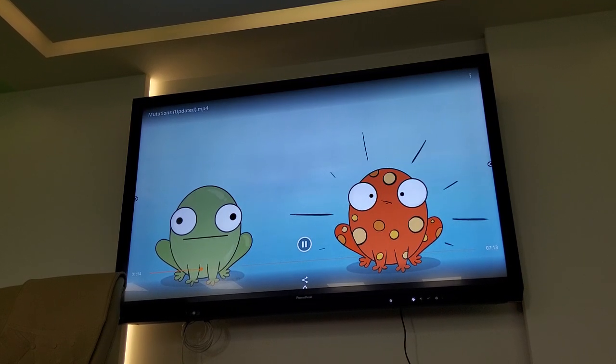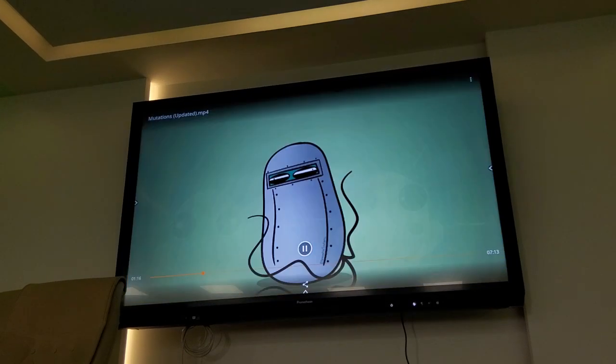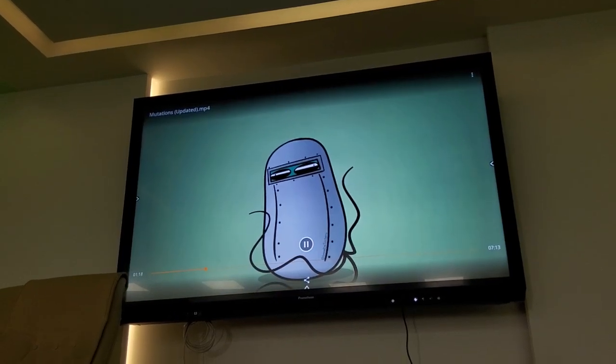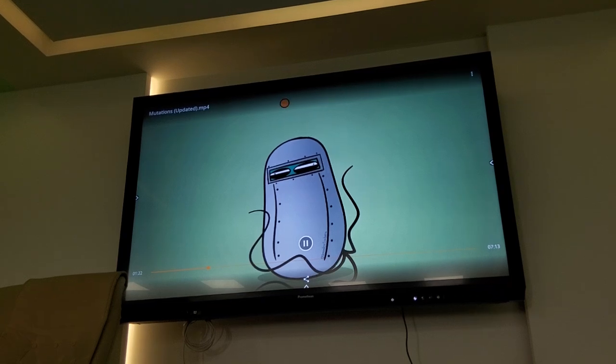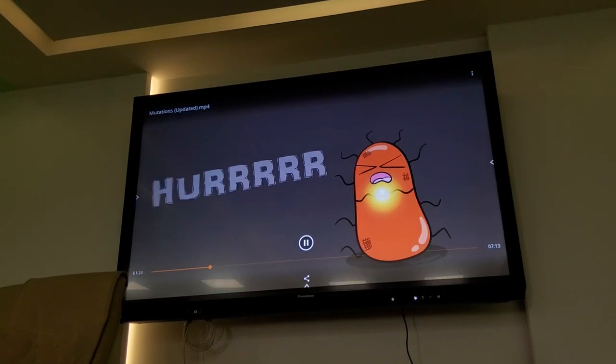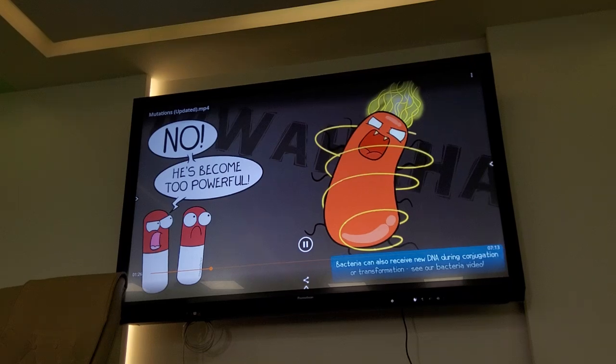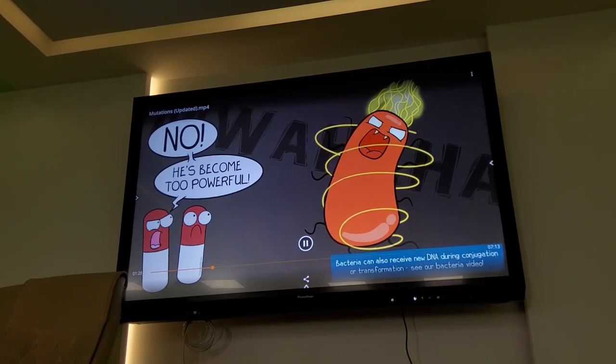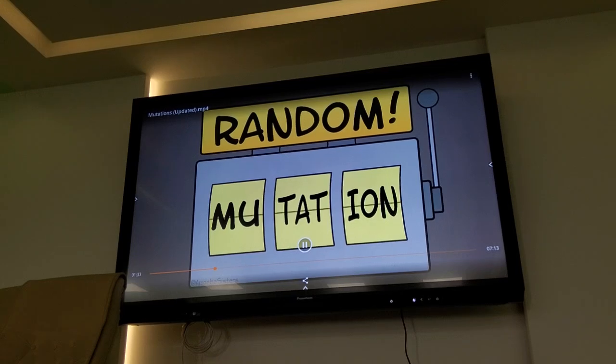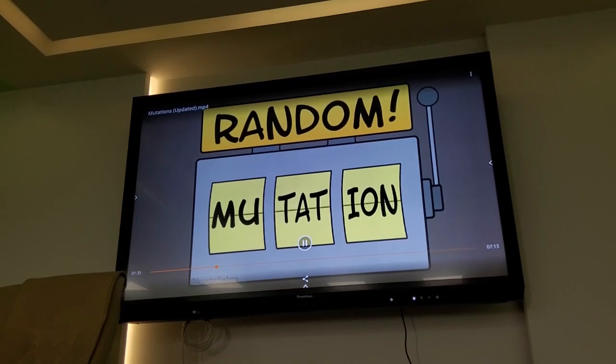You can learn more about this in our natural selection video, where we talk about how a bacterium may already possess a helpful mutation that allows it to survive an antibiotic. But the bacterium didn't will itself to mutate to develop this certain mutation. Okay, so again, mutations are random, but there can be factors that make mutations more likely to occur.